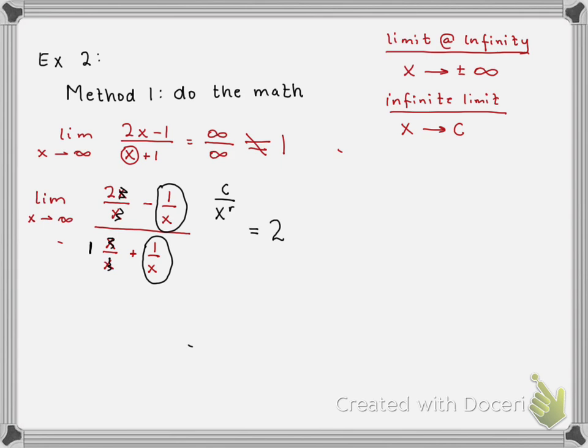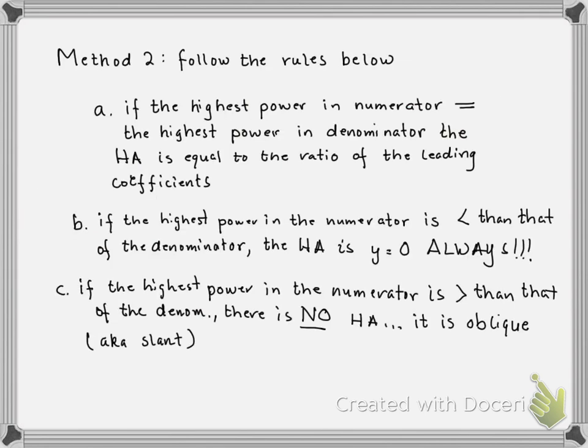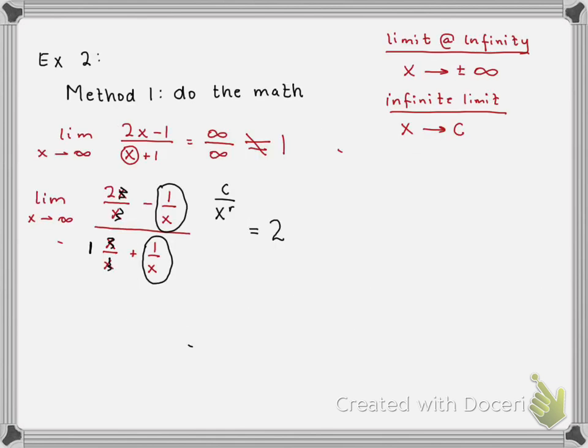Now, we're going to do the shorter method. Method 2, follow these rules below. If the highest power in the numerator equals the highest power in the denominator, the horizontal asymptote is equal to the ratio of the leading coefficients. That's exactly what we just looked at in this function.